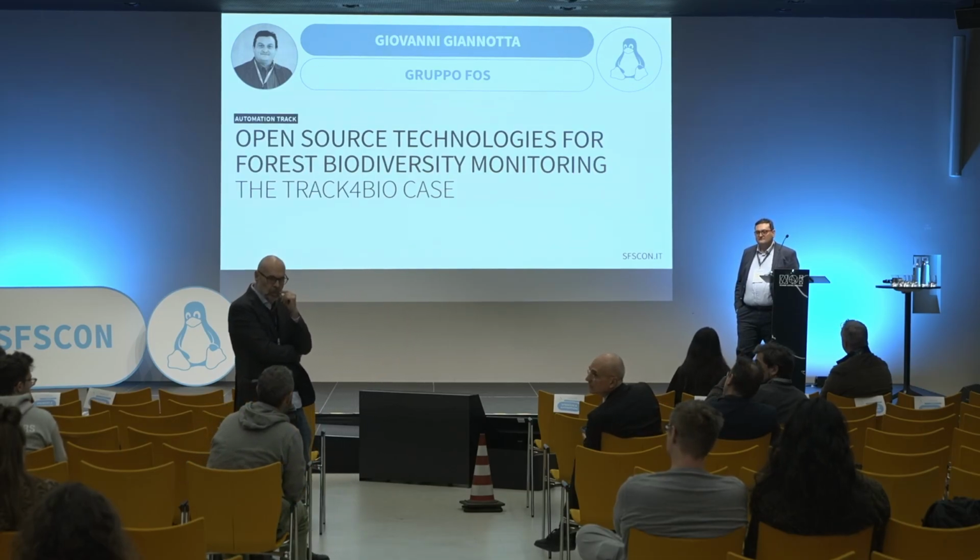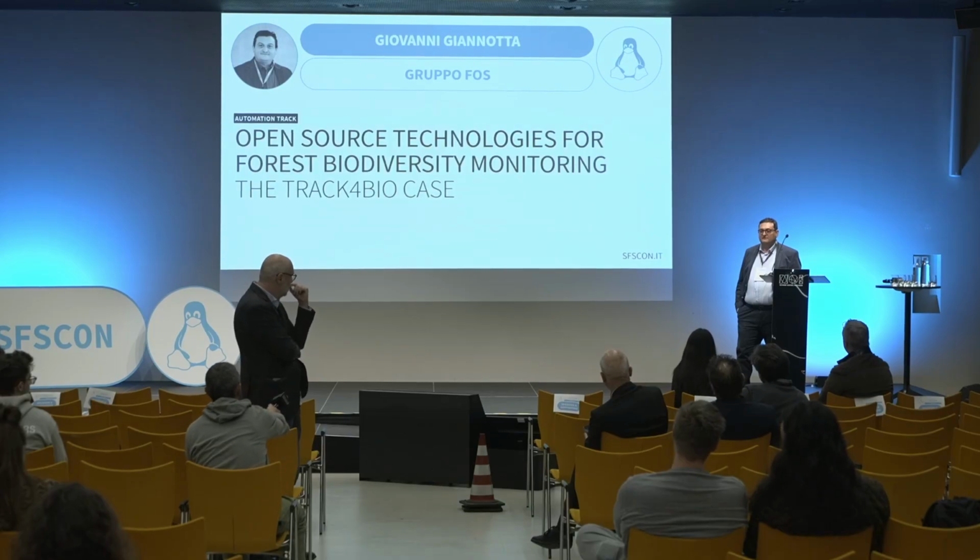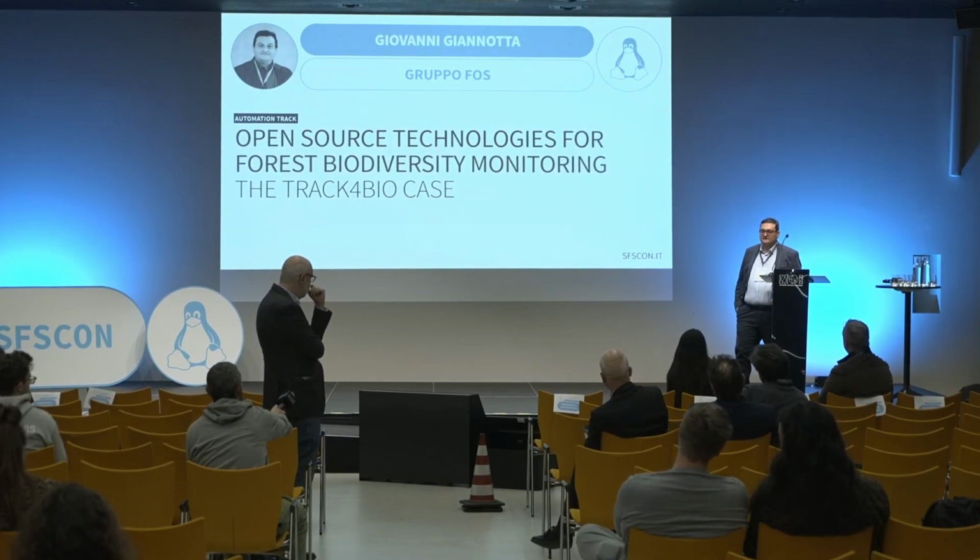We are working with these systems for monitoring biodiversity. Some of them you can see installed here in the NOI Tech Park. So we made experiments. You can touch them and understand how they work.